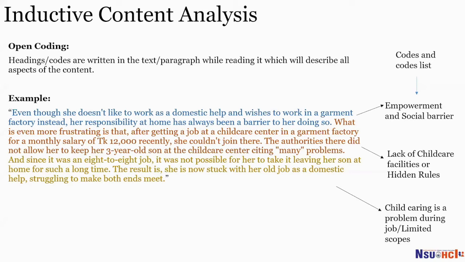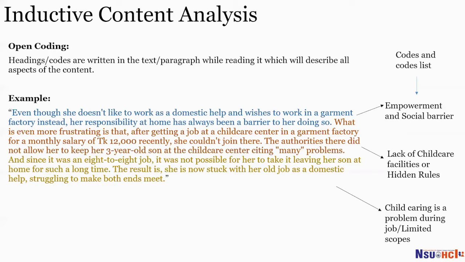And the third line is talking about the childcare problem. So this is a paragraph which deals with so many perceptions, so many things at a time. All these three things are codes. So I made three codes from this paragraph.